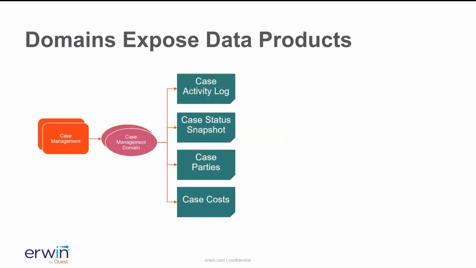Within a domain, there's a number of different products. So you could see in the case management domain, maybe an activity log, so everything that's happened on every activity, a status snapshot report, information about the parties who are working on a case to go into resource planning, and maybe a costing data set that would allow them to track the costs on each case there.